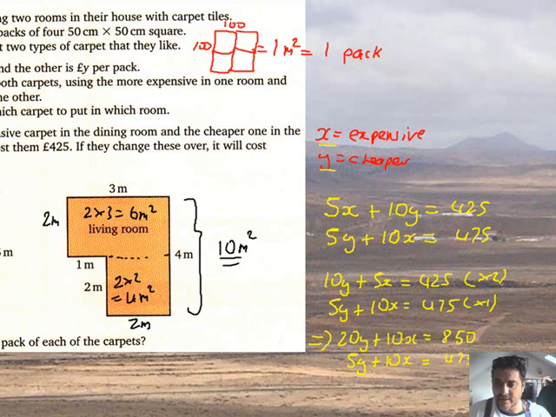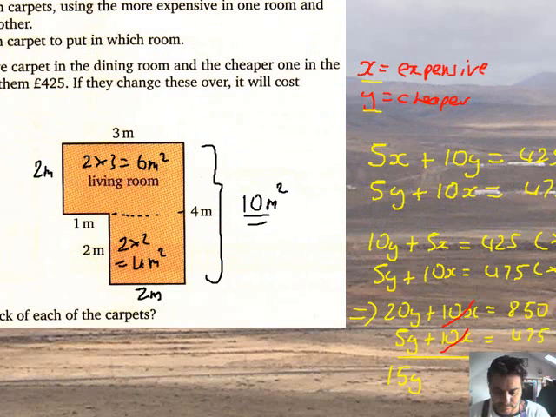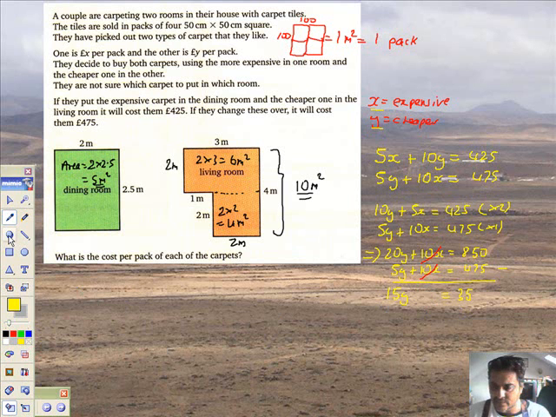Now if I go and subtract, 10x has gone, so I'm left with 15 lots of the cheap one, which comes to, quickly grab a calculator, 850 take away the 475, that comes to £375. 375, not 300, anyway, 375 squids.